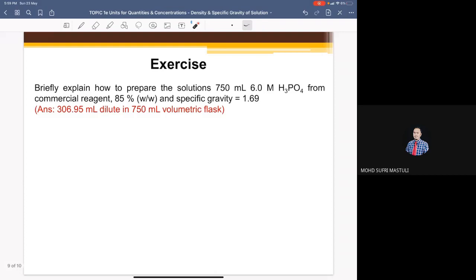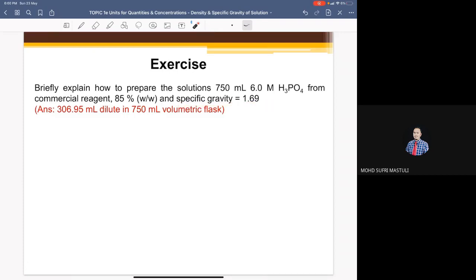All right. Okay, this one. Briefly explain how to prepare a solution of 750 ml of 6 molar from a commercial reagent, 85% weight per weight and specific gravity of 1.69.